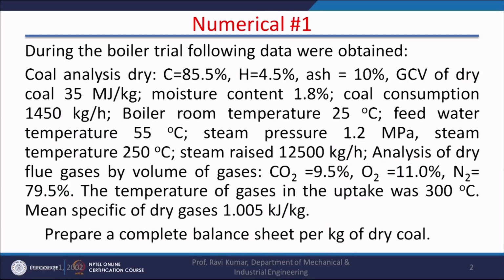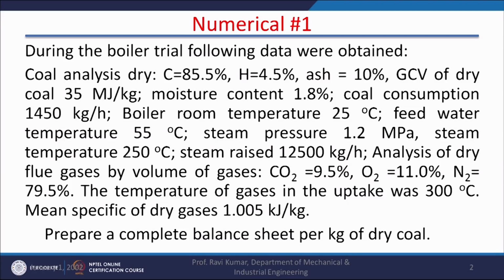Moisture 1.8%. Coal consumption is 1450 kg per hour. Boiler room temperature is 25 degrees centigrade. Feed water temperature 55 degrees centigrade. Steam pressure 1.2 megapascal. Steam temperature 250 degrees centigrade. Steam raised 12500 kg per hour.